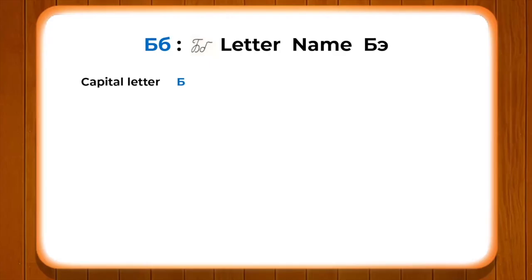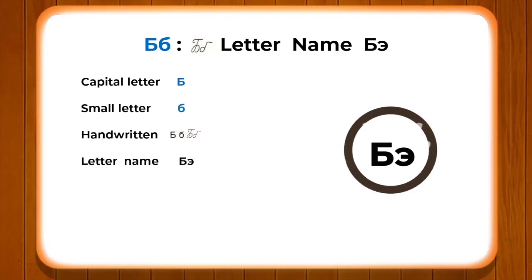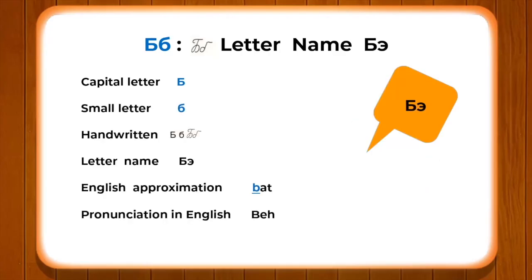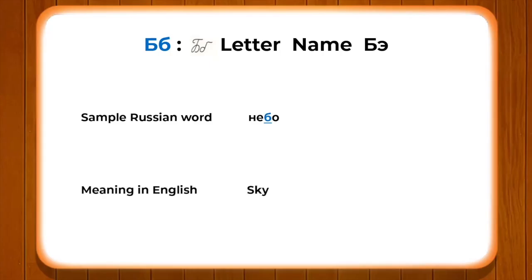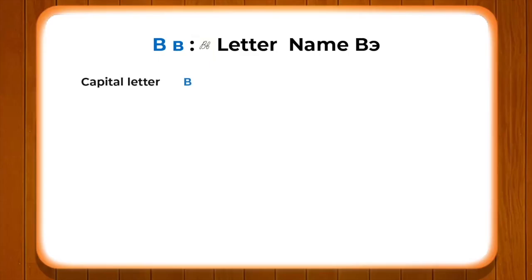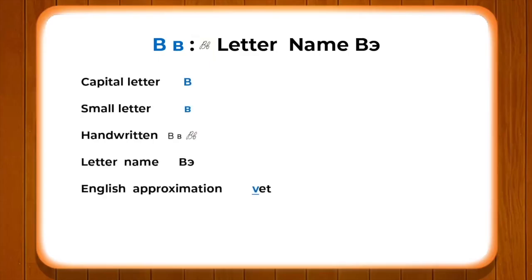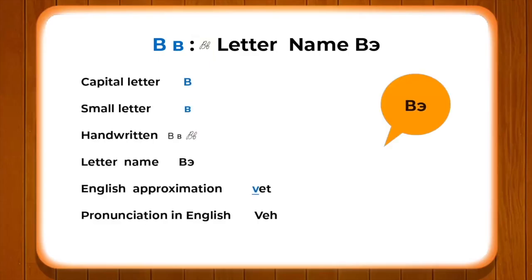The letter is be. Be as in the English word bat. Here we have a sample Russian word, nebo, which means sky. The next letter is ve, as in wet.